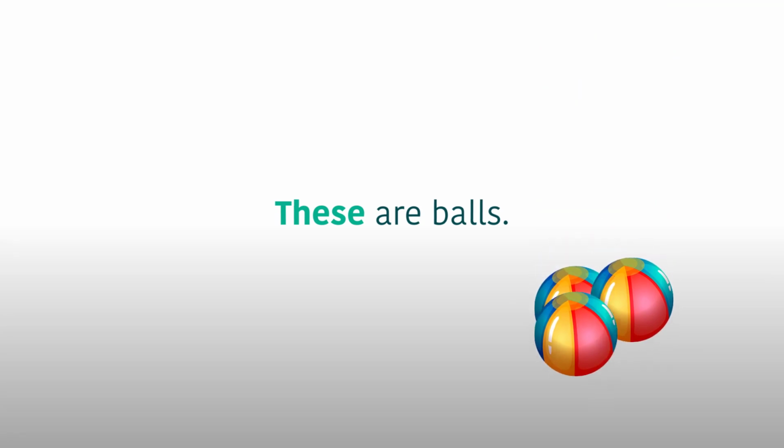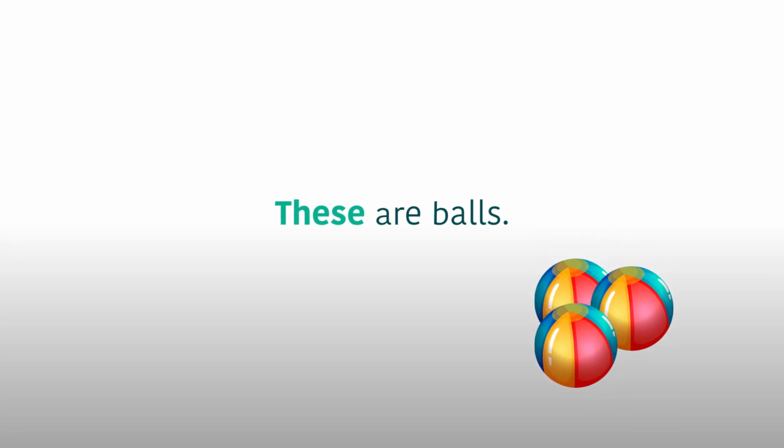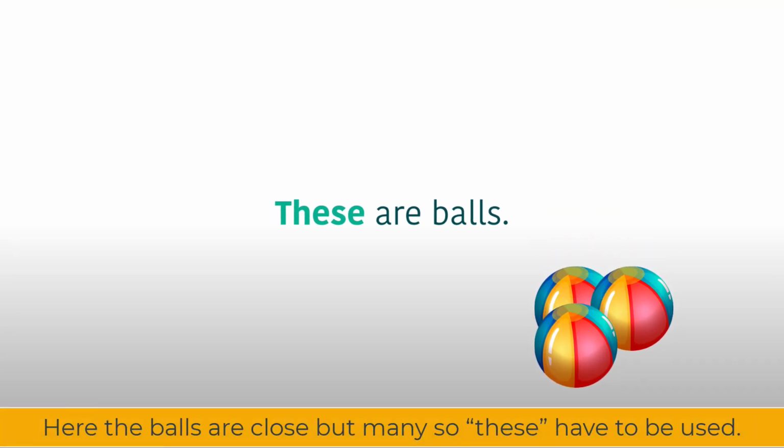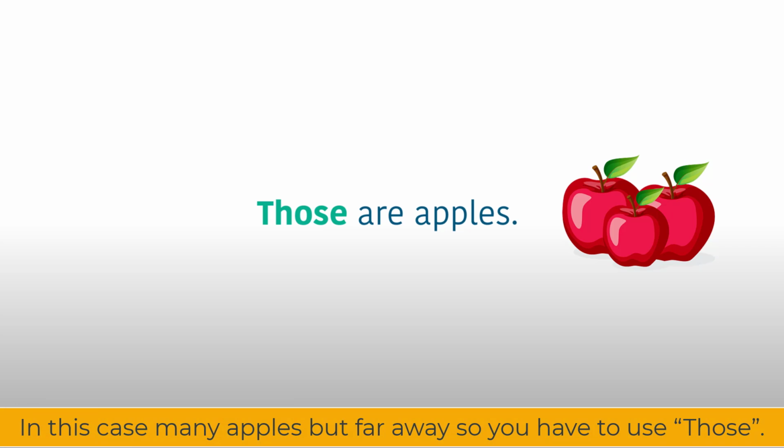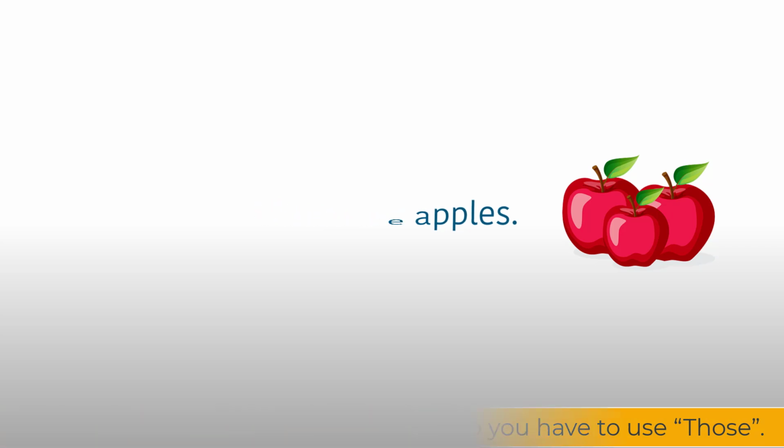These are balls. Here the balls are close but many, so these have to be used. Those are apples. In this case, many apples but far away, so we have to use those.